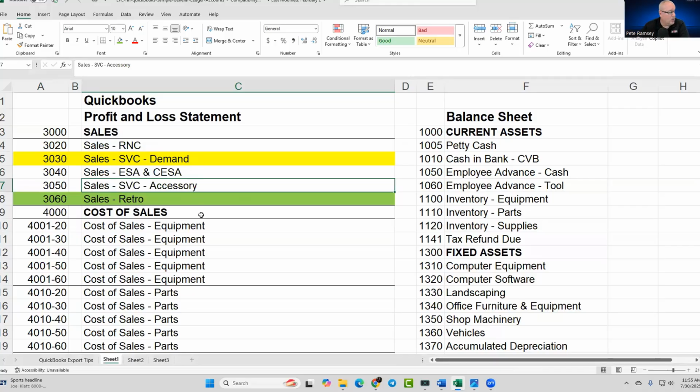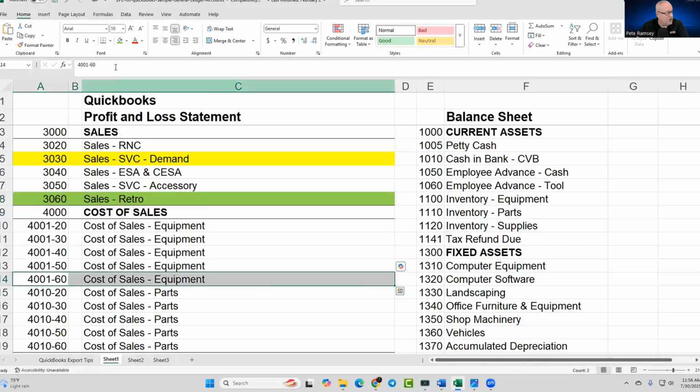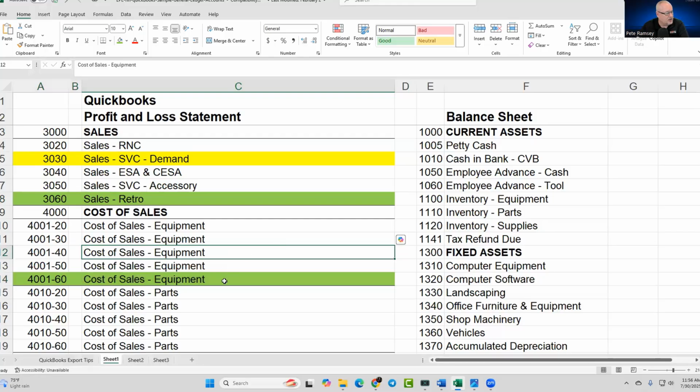Why? Well, when we go to buy the equipment for the retro, if you'll see here, we'll go down to cost of sales, this -60, and when we buy the equipment, it goes in its own category. So that the equipment here is counted against the sale here.